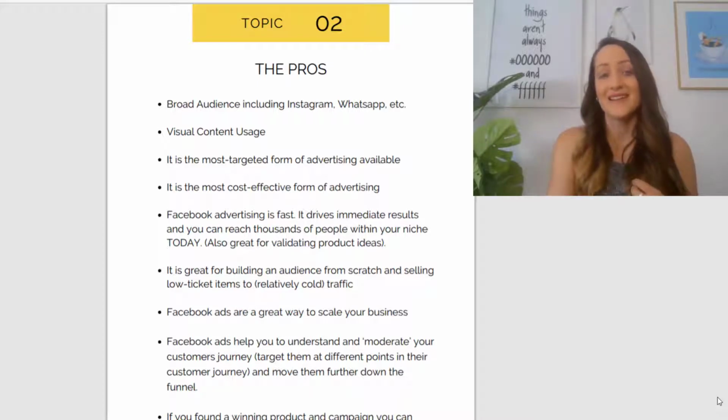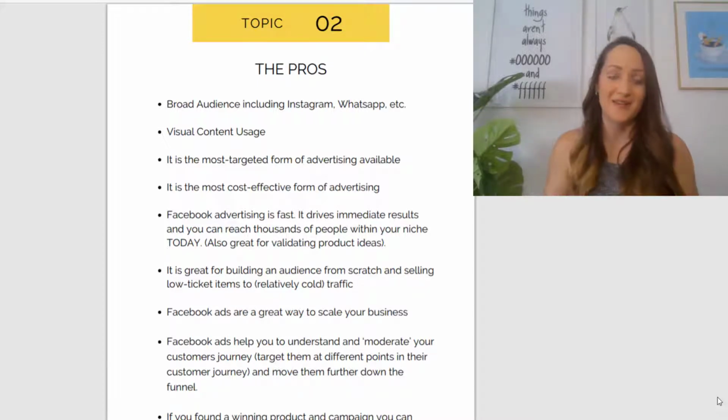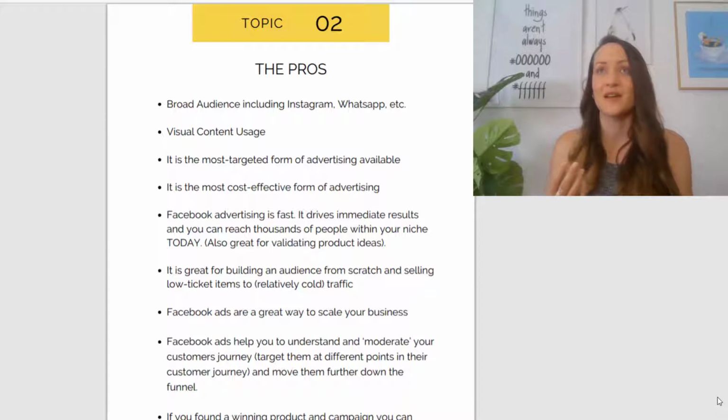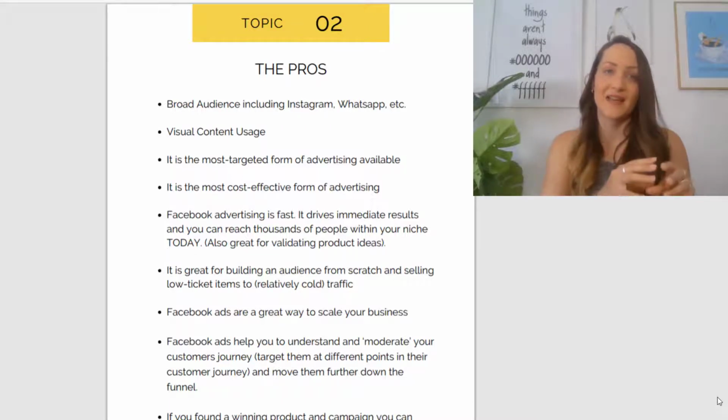Another thing is that it is the most targeted form of advertising that we know of. You can be very, very specific in the targeting. You can leverage lookalike audiences, which is an amazing tool. You can build a great seed data set with qualified people, and you can make data clones out of that.